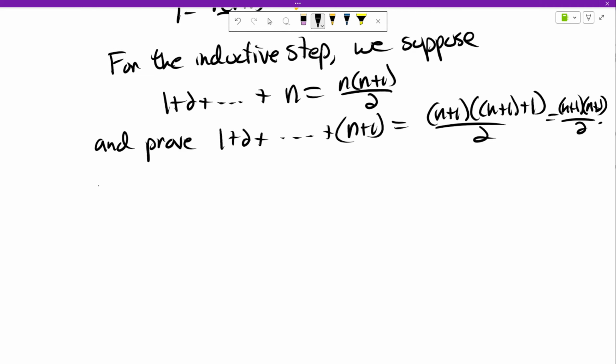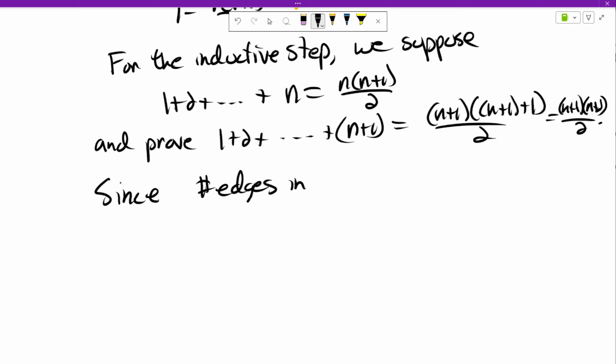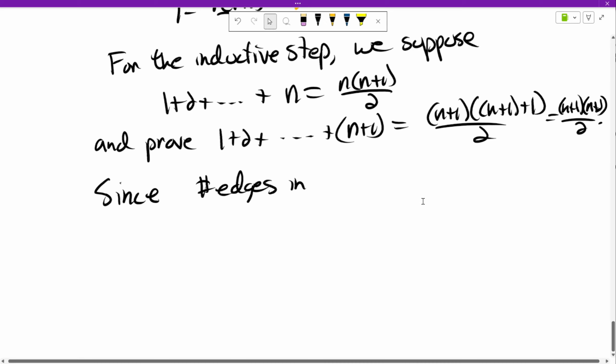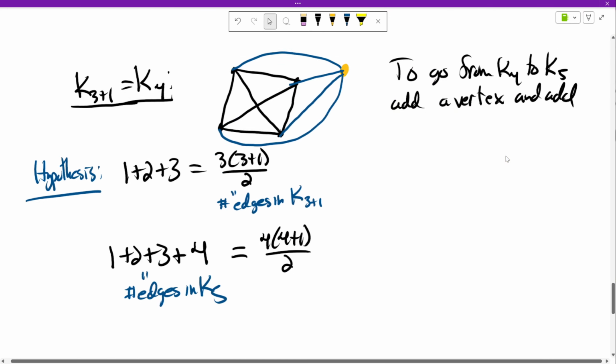So what do we know? Well, we know that the right-hand side, let's write it like this, the number of edges in, let's see, this expression was not the number of edges in Kn. Let's go back up because I've forgotten what it is. It's the number of edges in K n plus 1.